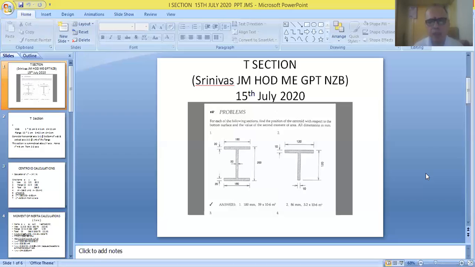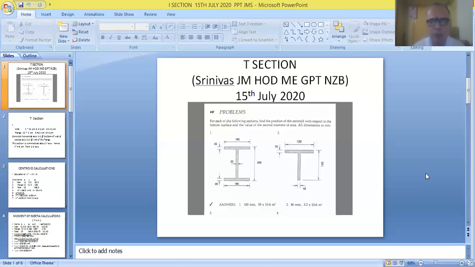So the width has to be written on the left hand side, and the depth value has to be written on the right hand side. Area is given as BD, so the B value comes on the left hand side, and the D value on the right hand side.